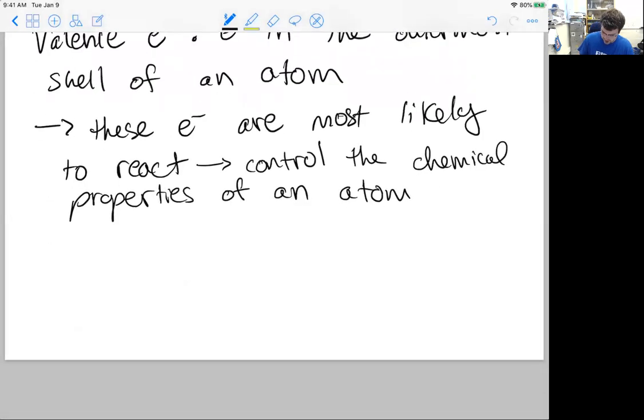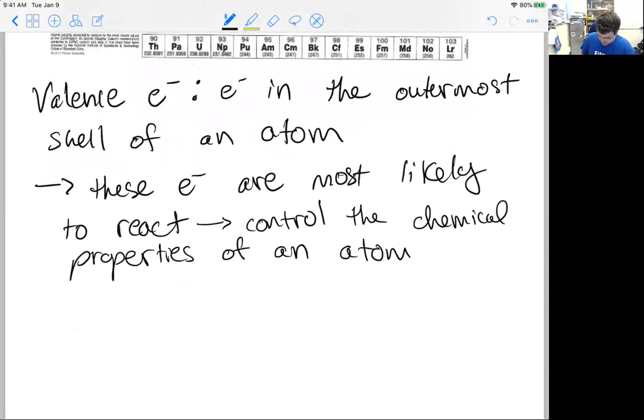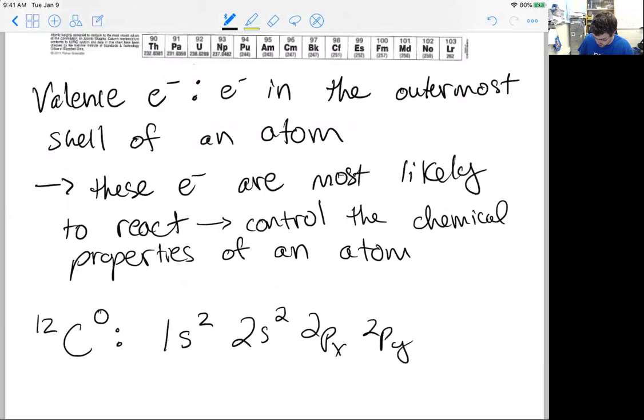Okay, so let's start to identify these things. If we go to C12, carbon 12 with a neutral charge, we have said before that the electron configuration is 1s2, 2s2, 2px, 2py, 2pz. I'm going to put 1 in the px and 1 in the py. You can flip those around if you need to.